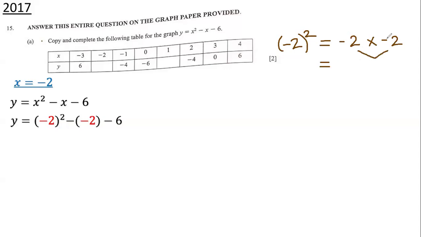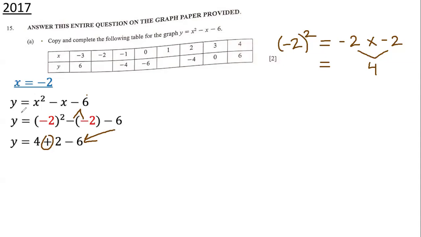Negative times a negative is what? Positive. So it's just gonna be 4. Very good. So -2 squared is 4, and a negative times a negative is a positive. So we have a positive here. And then we just bring down the -6. Okay, that's all we did.